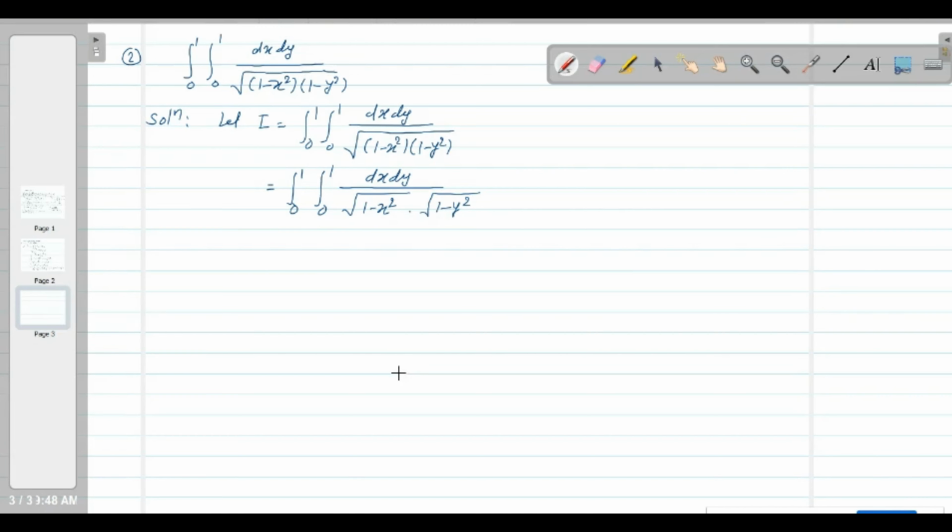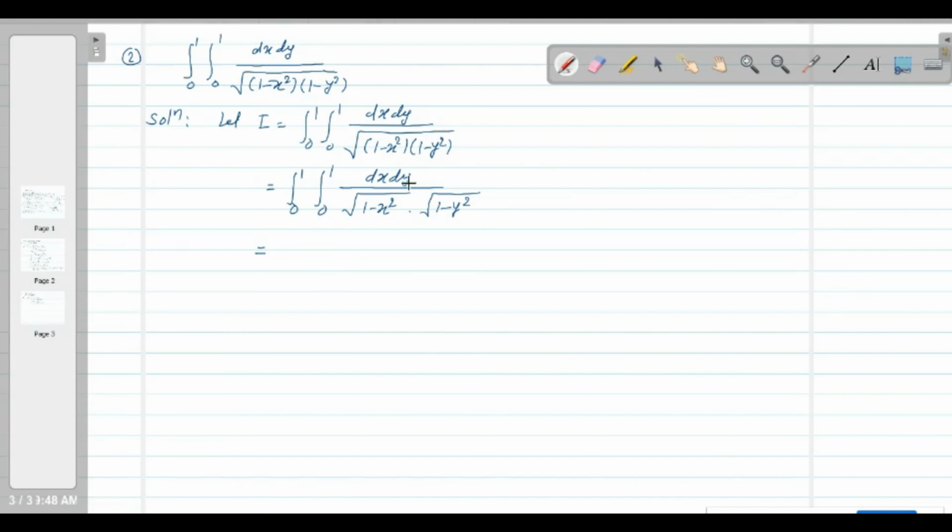Is there any change? No. See, here both limits are constant, so you can evaluate in any order. Whether with respect to x first or y, it doesn't matter. Both limits are constants, we can evaluate in any order.